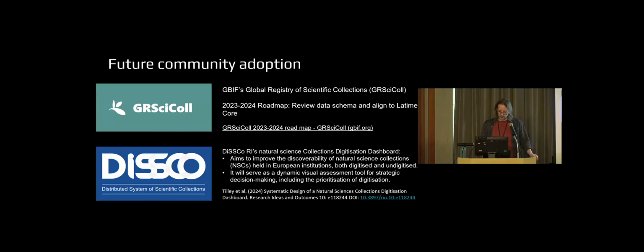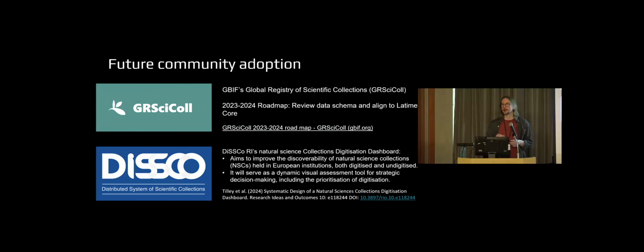So again, we've done a few shout outs to some large scale initiatives. GeoCycle have been really great for us in our national program. We're putting a lot of high level collections data into GeoCycle for all of the UK collections. I think we've got over 100 now. And the intention for GeoCycle is to implement at least some of Latimer Core.